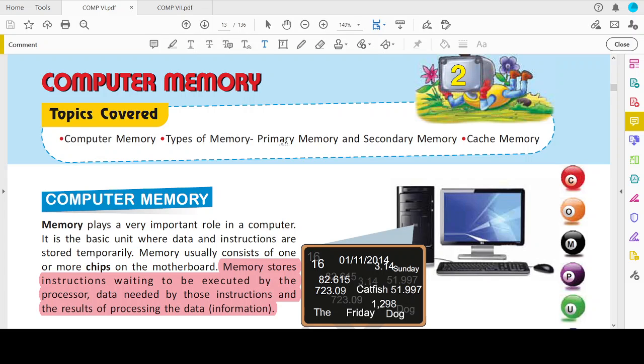So inside the computer, the data is transmitted according to a hierarchy.